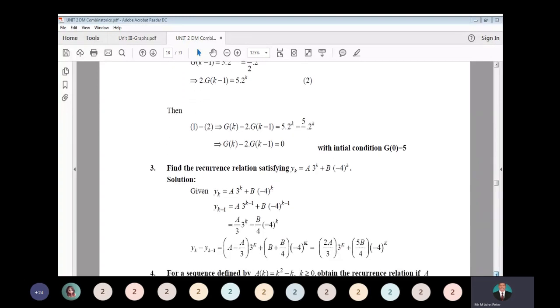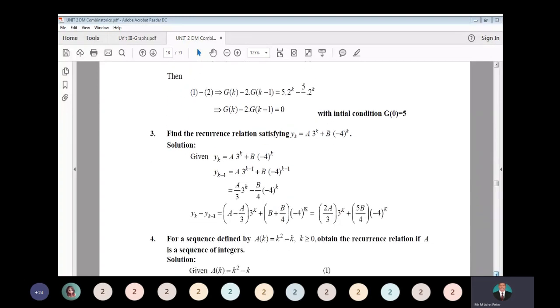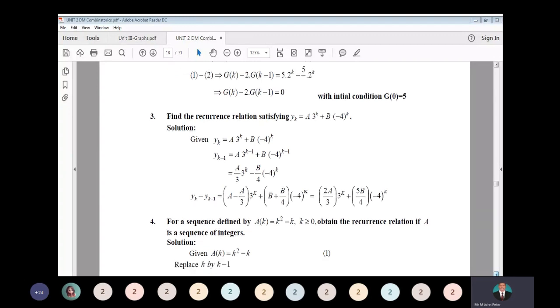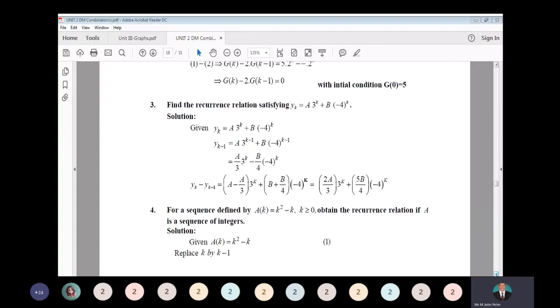Find the recurrence relation satisfying the equation y(k) = a times 3^k + b times (-4)^k. So y(k) = a times 3^k + b times (-4)^k. For y(k-1), replace k by k-1. So you will get a times 3^(k-1) + b times (-4)^(k-1).